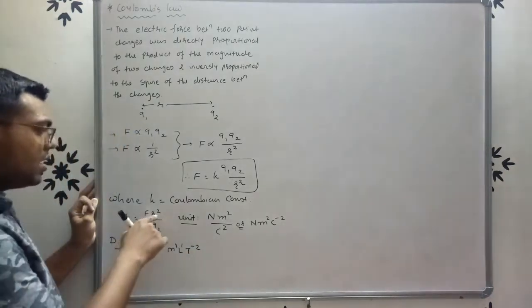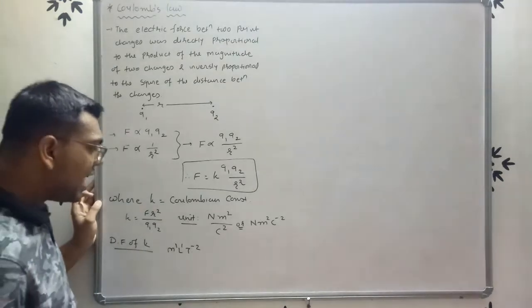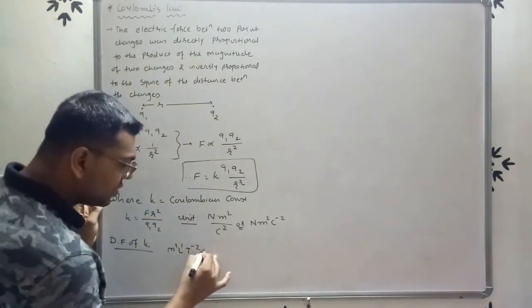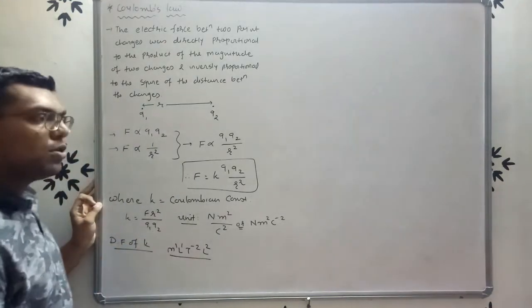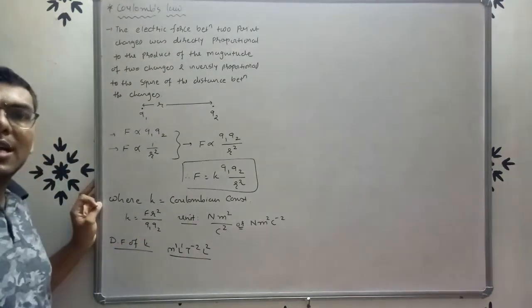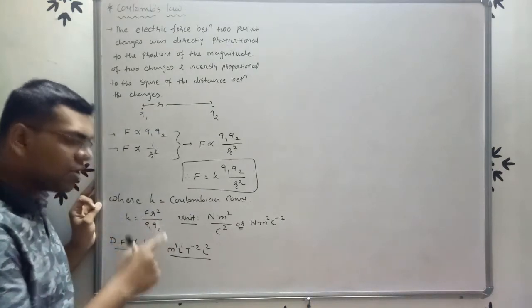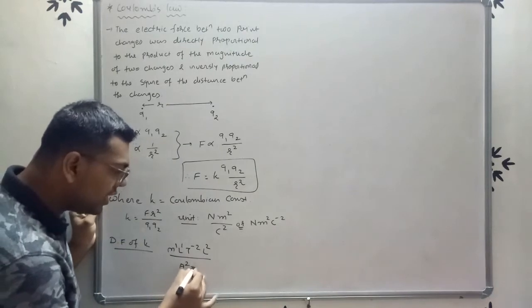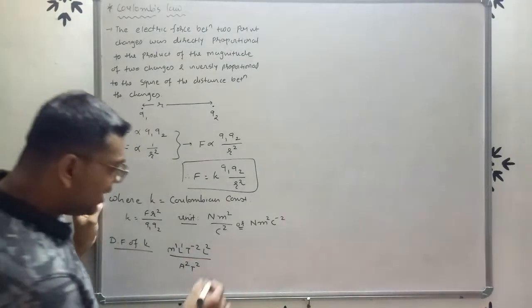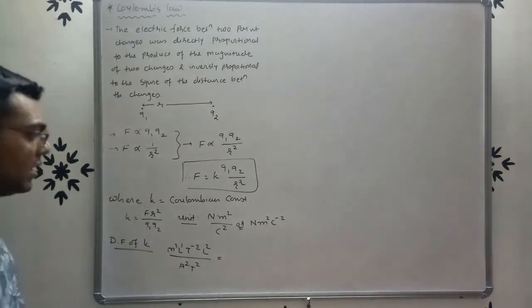The dimensional formula of distance is L1, but here R square, so L2, upon Q1 Q2. The dimensional formula of charge is A1 T1, but here for Q1 A1 T1, for Q2 A1 T1, so we can write A2 T2.